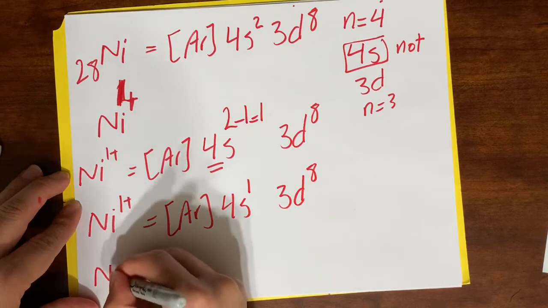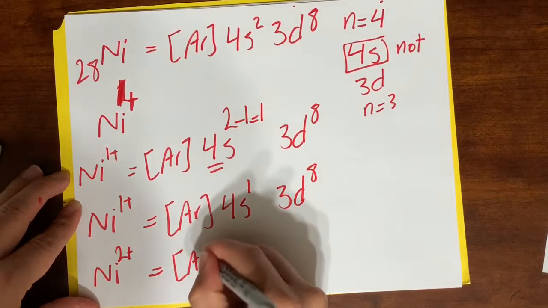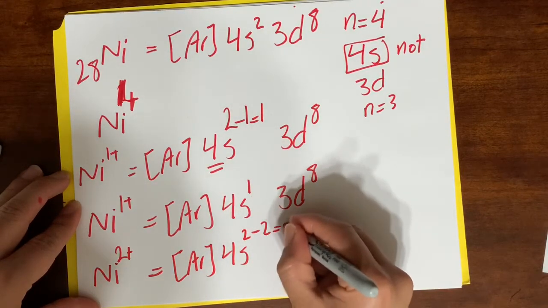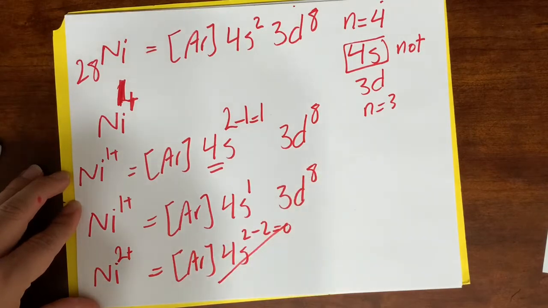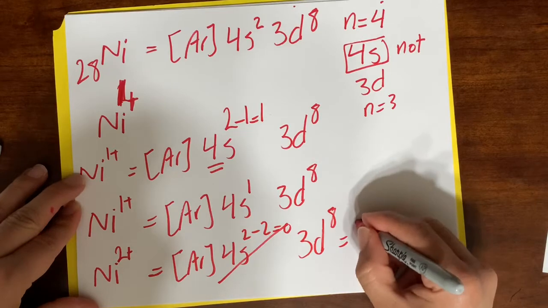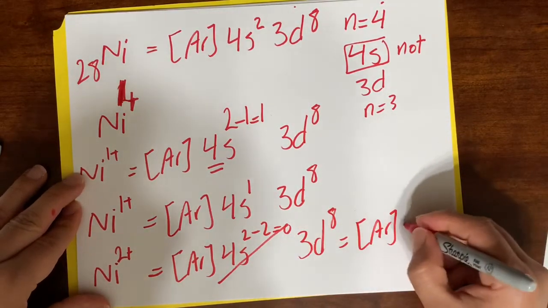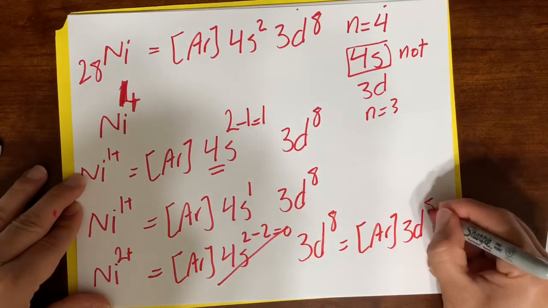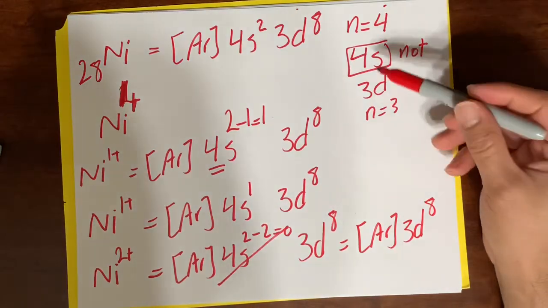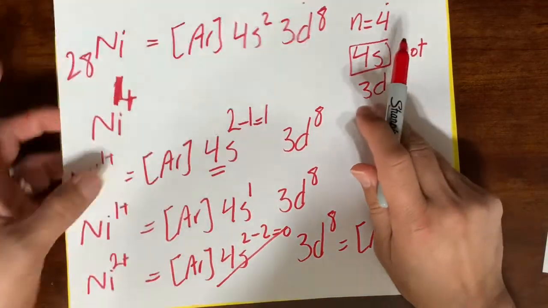How about nickel plus 2? It will be argon, 4s2 minus 2, it will be 0. So this orbital will be gone. We'll have argon and then 3d8. You take the electron from the highest n, and in this case it is the s orbital.